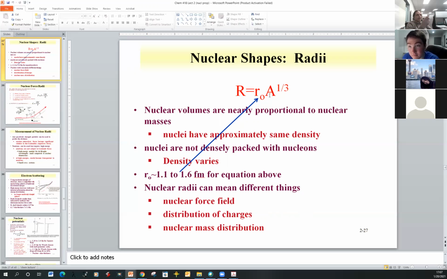And as far as the percentage of the mass that's in a nucleus, an electron has a mass of half an MeV, 511 keV, whereas a nucleon, a proton or neutron, is 931 MeV, so about 1,000 MeV. So a nucleon is about 2,000 times more massive than an electron.